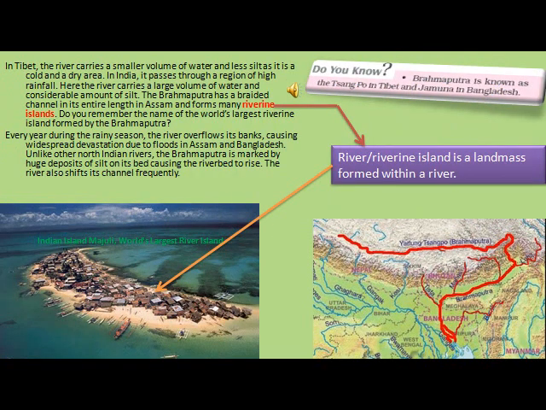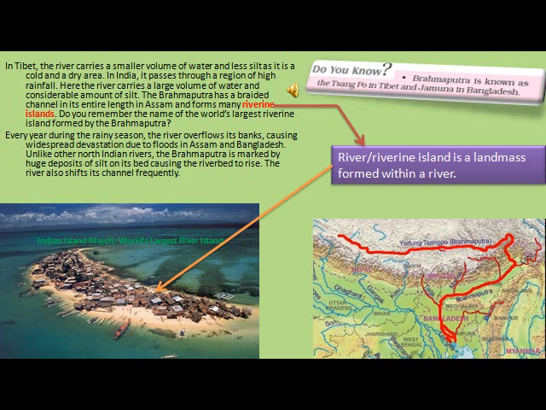In Tibet, the river carries a smaller volume of water and less silt as it is a cold and dry area. In India, it passes through a region of high rainfall. Here, the river carries a large volume of water and considerable amount of silt. The Brahmaputra has a braided channel in its entire length in Assam and forms many riverine islands.